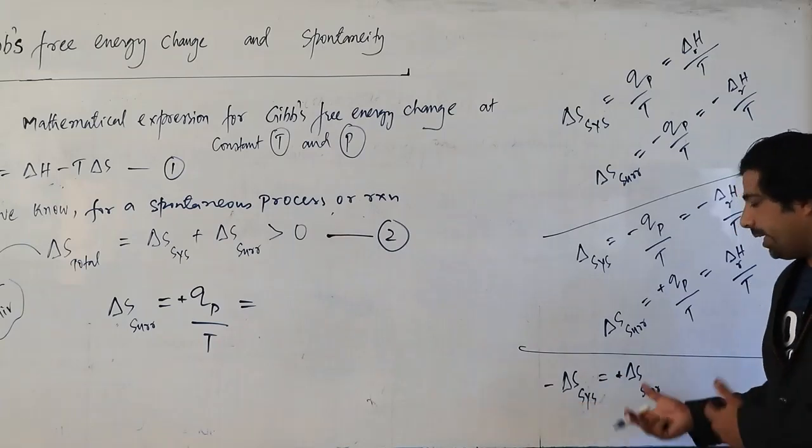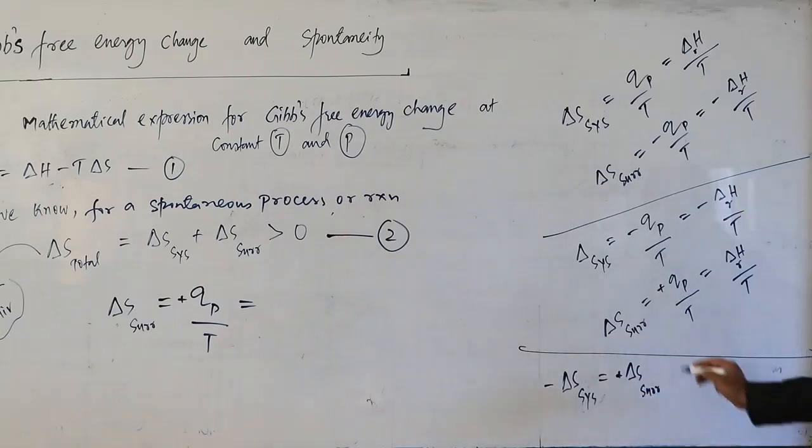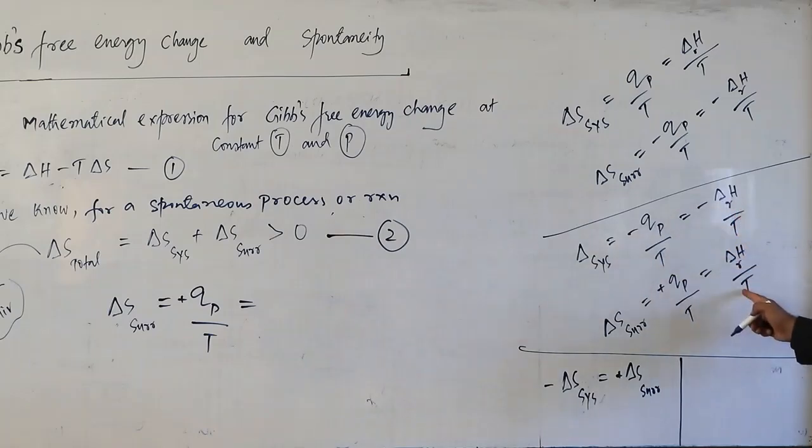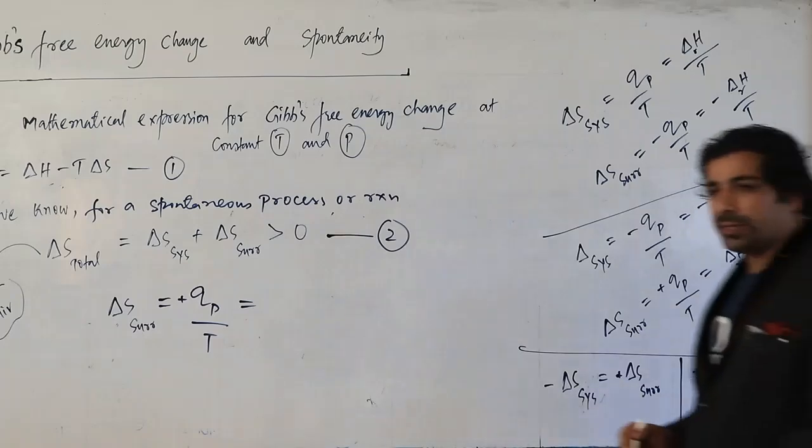That is the only thing which is happening right here. We can also write this expression in terms of these values. This is for the system and this is for the surroundings. So these two expressions will also be equal. So I will have here minus delta H system upon T is equal to delta H_R surrounding upon T.